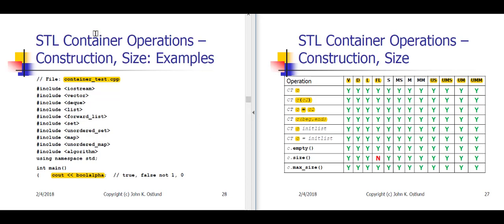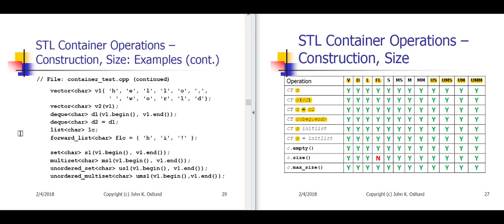On slide 29, we have examples in which we're constructing the 4 different kinds of sequence containers, and we're also constructing set, multiset, unordered set, and unordered multiset to illustrate several of these constructors.